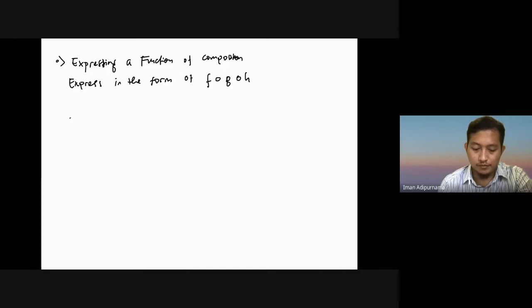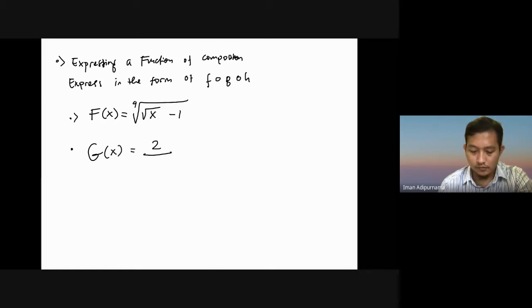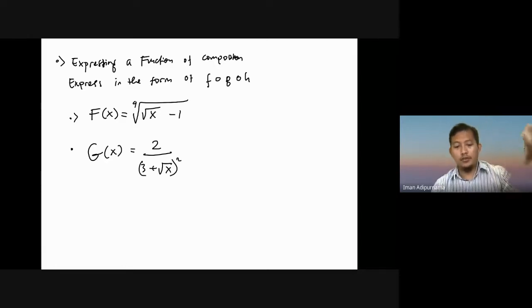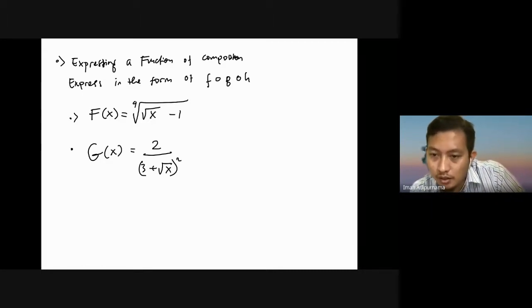Okay, start with... let me give you a couple minutes to try. Square root of x plus 9.